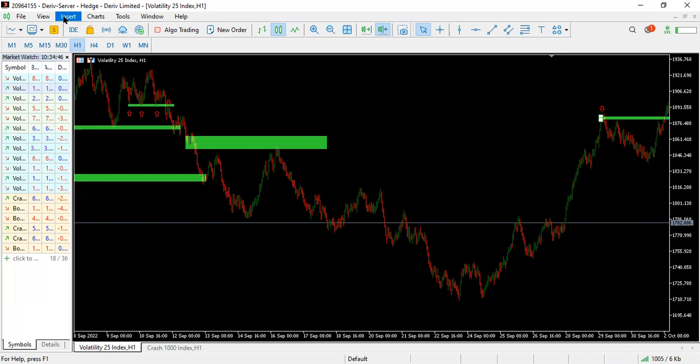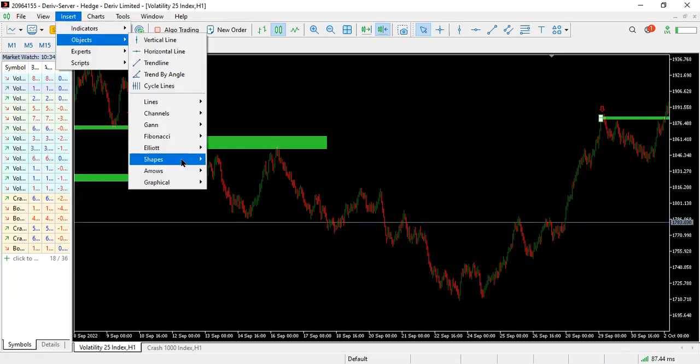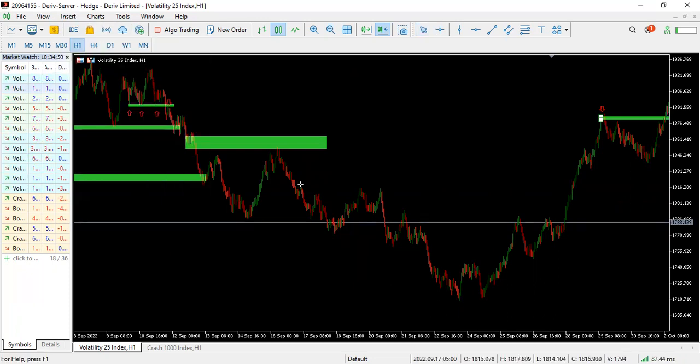Look at what happened. The price went up, and then you can see what happened. So now, here is another opportunity for you to sell. Because of the drop-base-drop, you're going to sell here, expecting the price to go down. And then the price did go down.